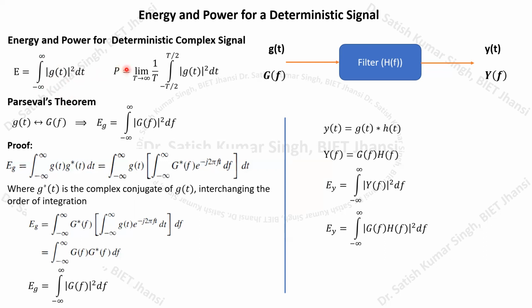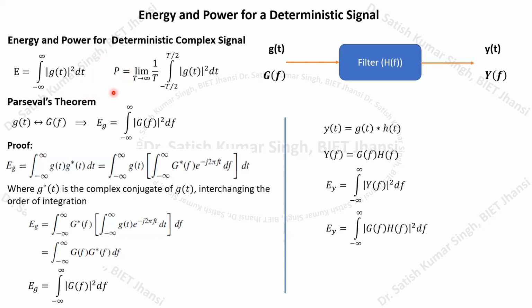Similarly, if we talk about the power signal, such signals have infinite duration, and therefore when we calculate the energy, it will not be finite. It is going to be infinite when we integrate from minus infinity to infinity. Therefore, we talk about the power of the signal.